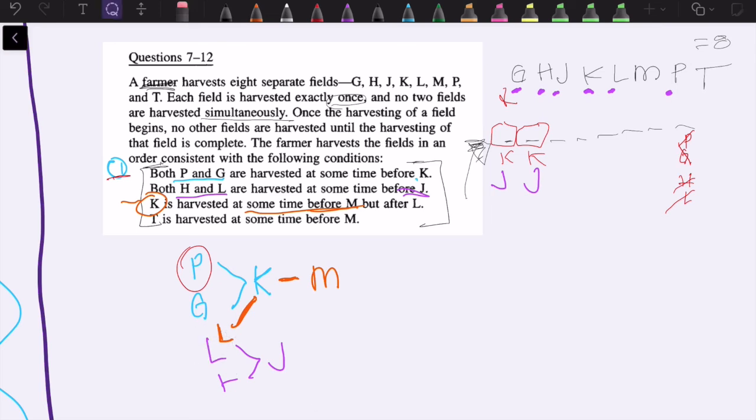So I'm going to put my L here, and I'm going to keep this my H, and then I don't even need this L because this L stands for both of them.